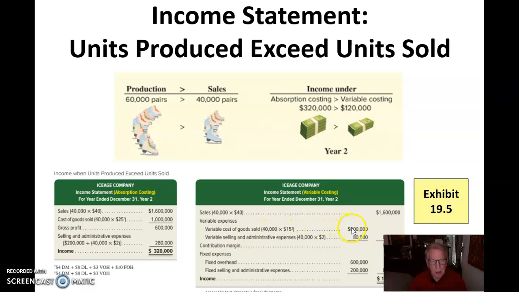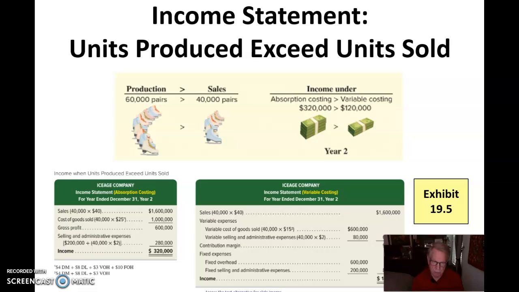But under variable costing, we go through that same calculation methodology we used, and we only make 120,000. You will see that that's a $200,000 difference in net income, or income before tax, however you want to interpret that.